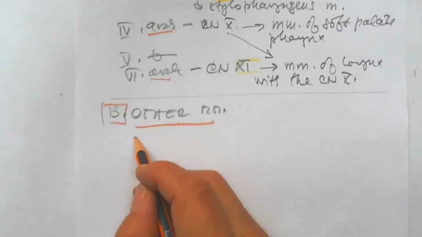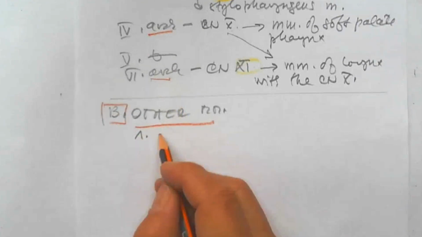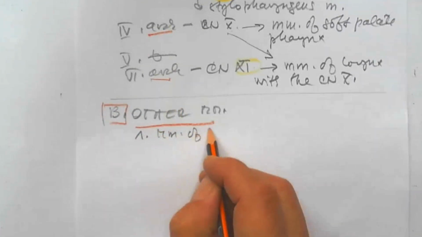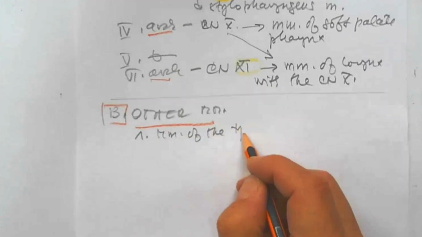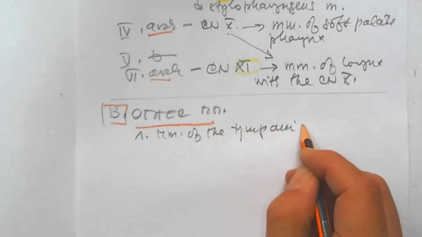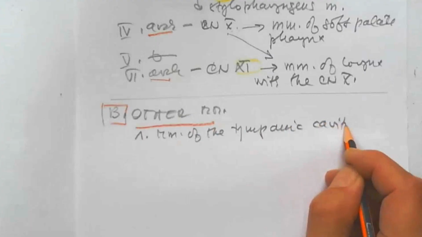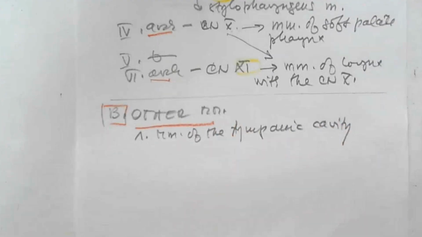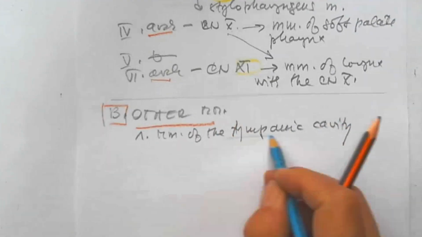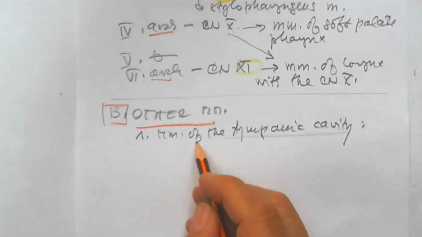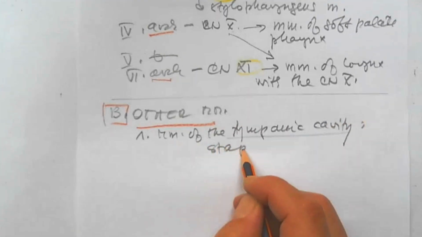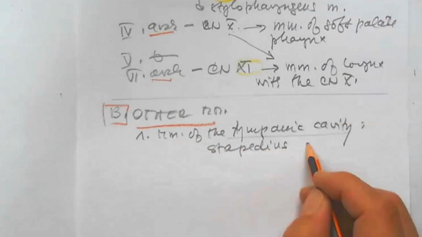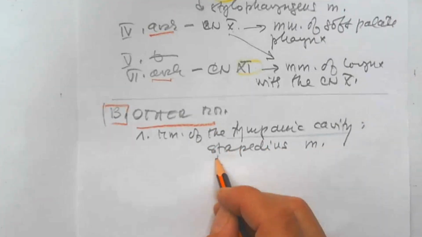First of all, number 1 are the muscles of the tympanic cavity or middle ear cavity. We have seen them, just names. This is the stapedius attached to the stapes, and the second one is tensor tympani.